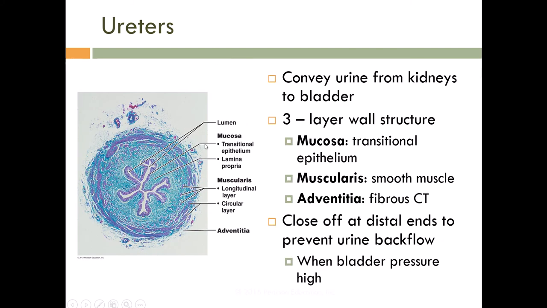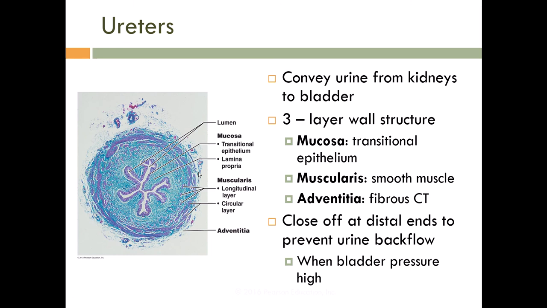Once the urine has been made, it is the ureters that take the urine from the kidneys to the bladder. They have a very specific kind of wall structure with a mucosa of transitional epithelium, 2 muscle layers, a longitudinal layer, and then a circular layer, and then adventitia fibrous tissue to kind of wrap around the whole thing.